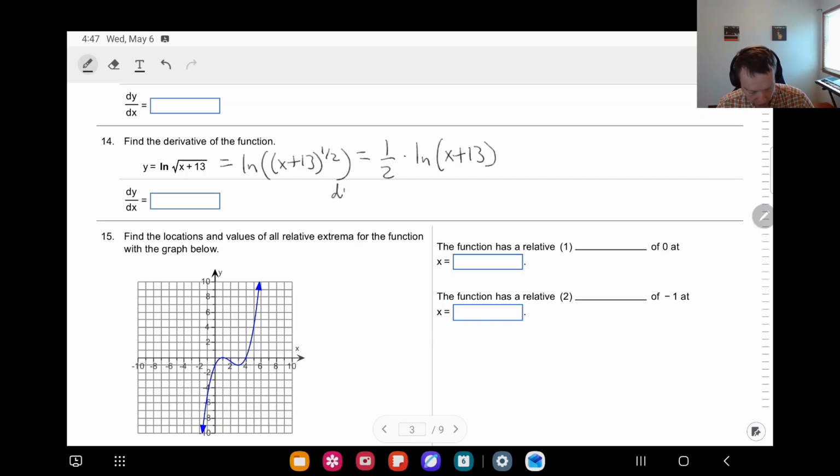So now we take the derivative. Remember, the derivative of plain old ln of x is 1 over x. Well, now we have x plus 13 in there, so this is a chain rule. It's 1 over that whole x plus 13 times the derivative of x plus 13. That's chain rule.